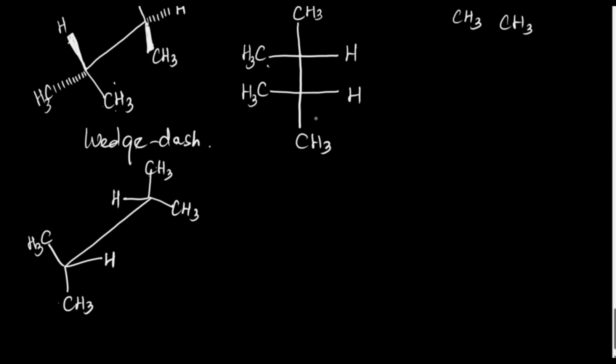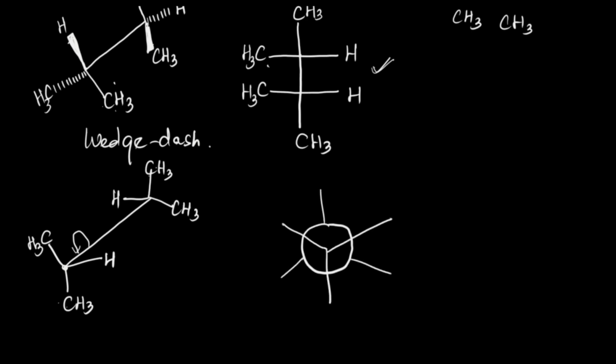Both the CH3s are opposite, hydrogens are opposite. Because while doing the rotation, I can get it on the same side. That will equal this direction. Right? Clear? So now let's see Sawhorse projection also. So front and rear carbon. So front carbon, that is dot.